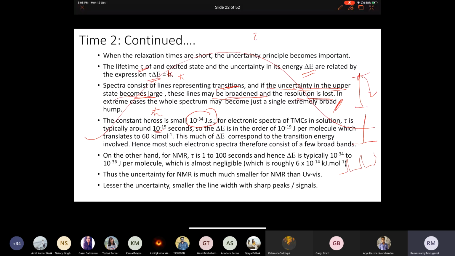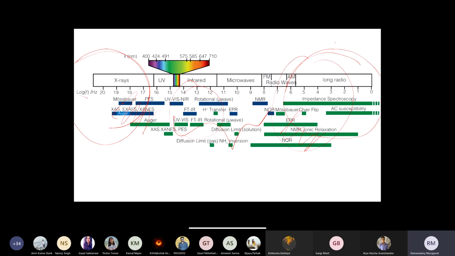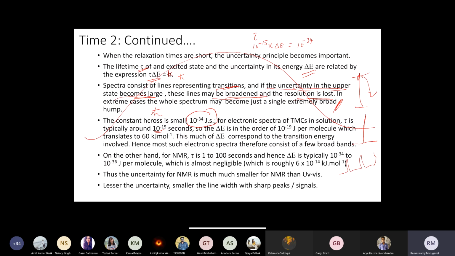So tau, 10 power minus 15, times delta E is equal to 10 power minus 34. So what is delta E now? Delta E would be equal to 10 power minus 19.